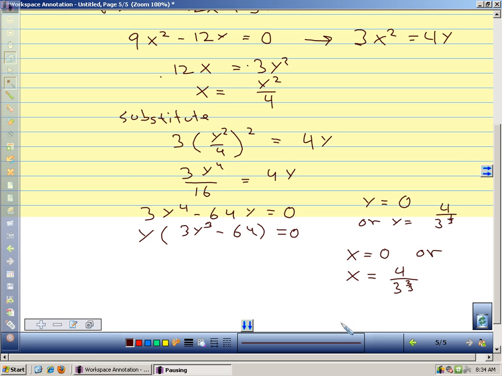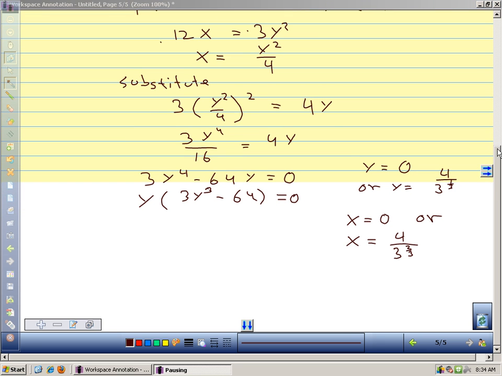So our points, where the first partials are 0 simultaneously, are 0, 0, and 4 over 3 to the 2/3, 4 over 3 to the 1/3. So at both of those points, the first partials are 0 simultaneously.